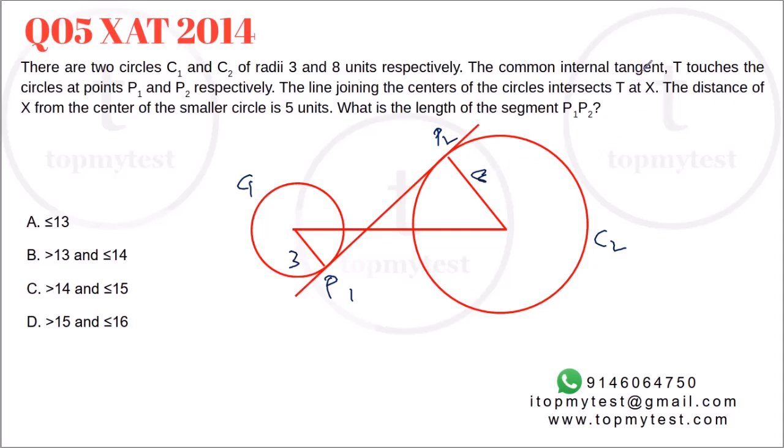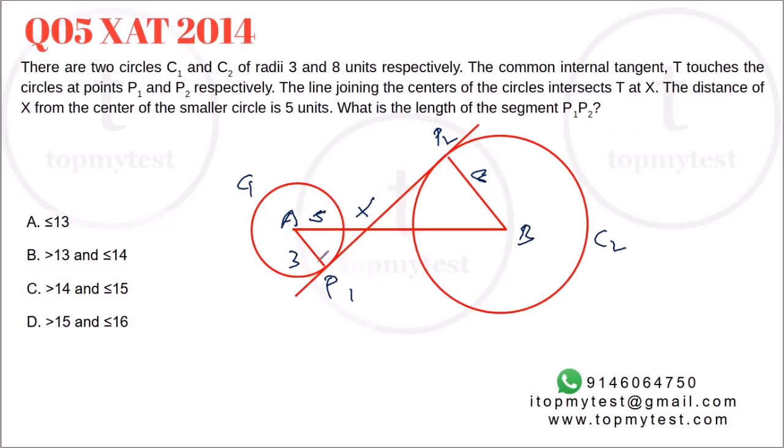The line joining the centers of the circles intersects T, which is this common tangent, at X. The distance of X from the center of the smaller circle is 5 units. So let's call this A, let's call it B. So AX is 5 units. What is the length of the segment P1, P2?